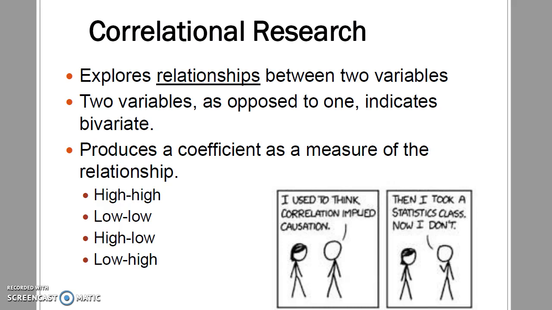So they are both high and high. It could be low and low: the less I study, the lower the grade I get. It could also be a high and low relationship, and a low and high relationship. These relationships are given on page 45 of your book if you want to read more, and we are going to talk about all of these types of correlations.